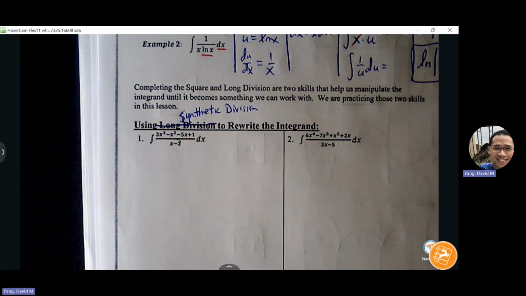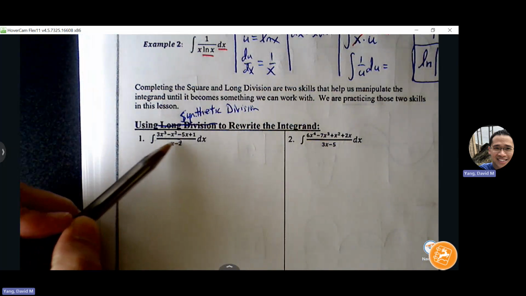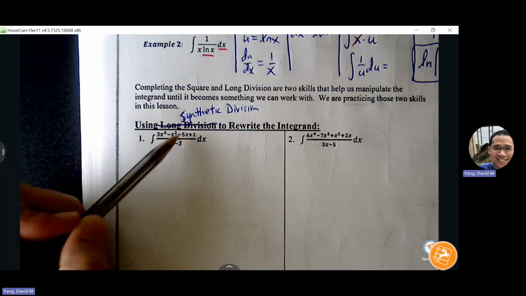Should we only use u substitution when there's one term in the numerator? Typically, the rule of thumb is you want to use u substitution if your degree in the denominator is higher than the degree in the numerator.